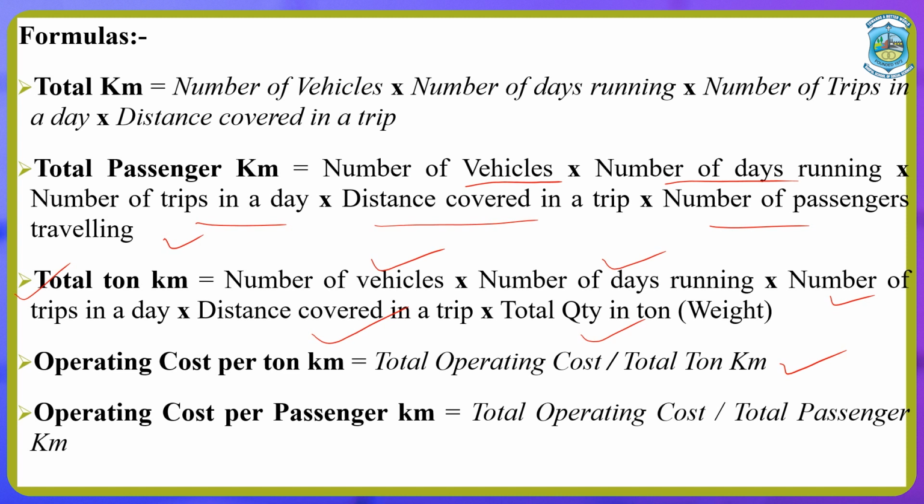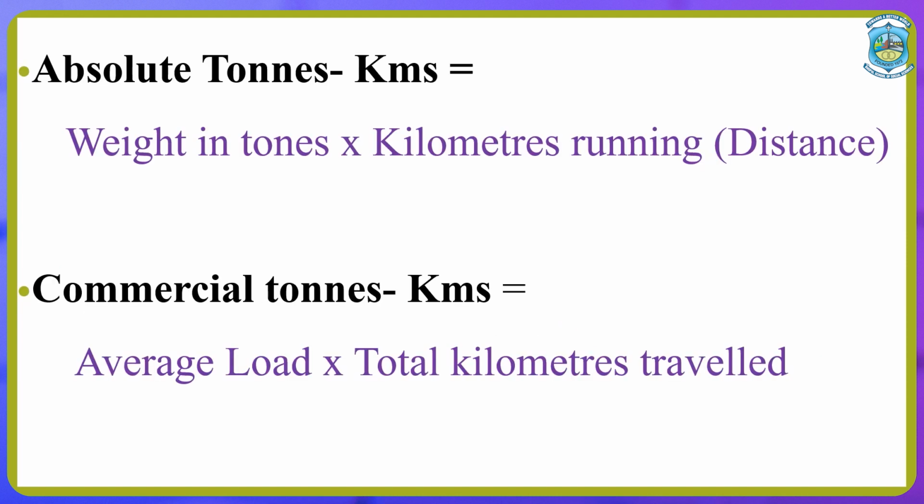For operating cost per passenger kilometer, total operating cost is divided by total passenger kilometers. In this way, we calculate operating cost per passenger kilometer. These formulas are utilized for calculation. Two further formulas are also given.